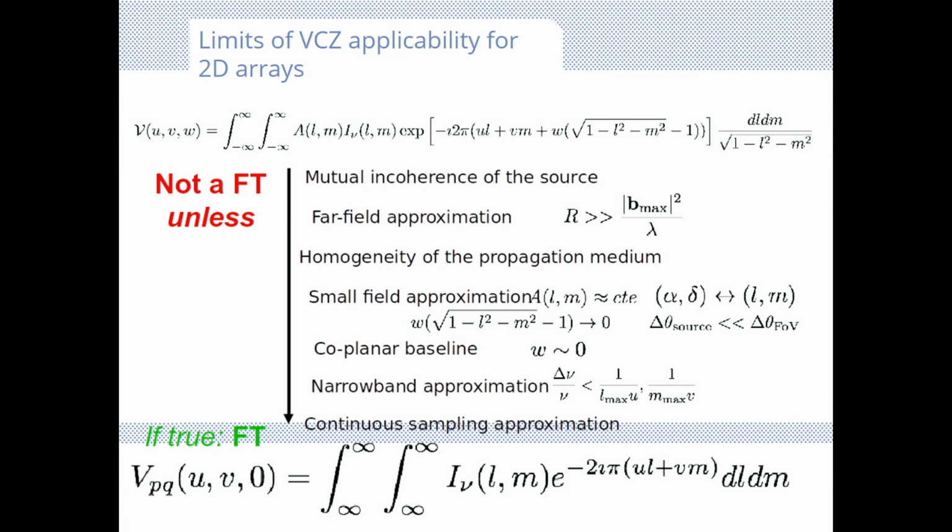Of course, this is not going to work in reality, and that introduces a sampling response to our instrument, which we call the PSF, and we'll look at that just now. So in its most essential form, this basic two-dimensional Fourier transform only holds for the east-west interferometer, as we pointed out.